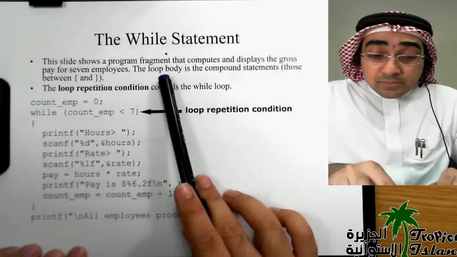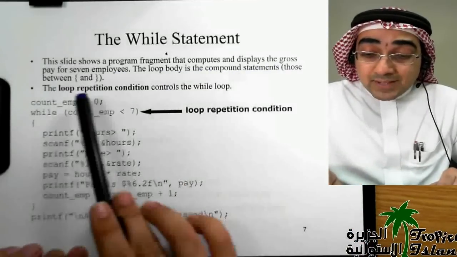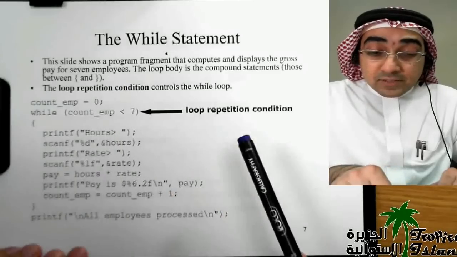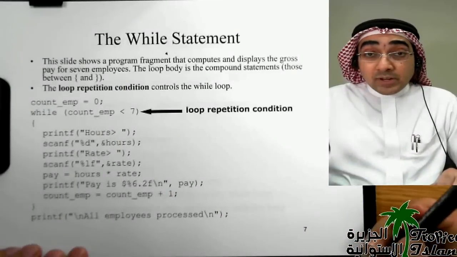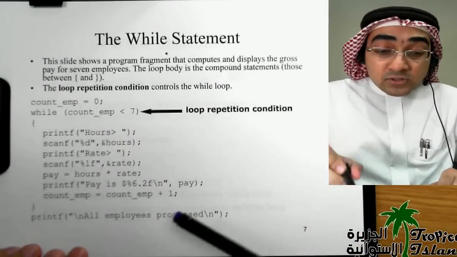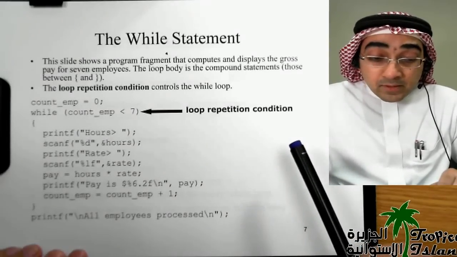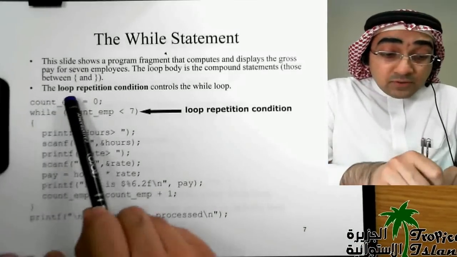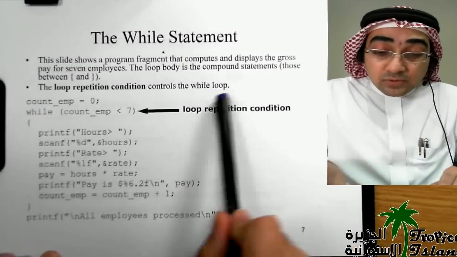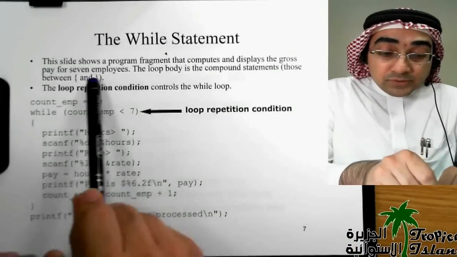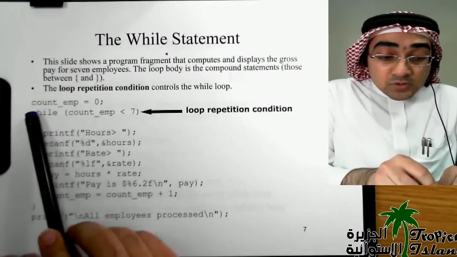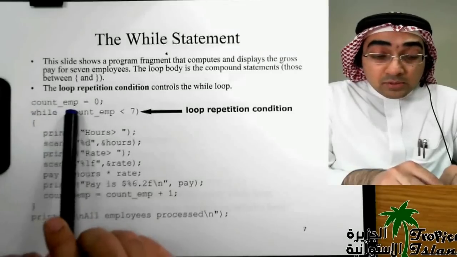This is a program fragment that computes and displays the gross pay of 7 employees. If I have a company with 7 employees, I can make this program calculate how much they are paying. Okay, let's start with the loop repetition condition, which controls the loop variable. We declare a variable, count employee, as an integer.